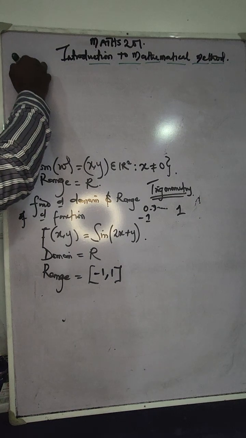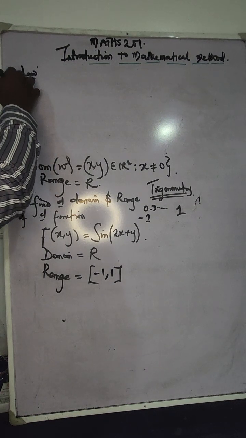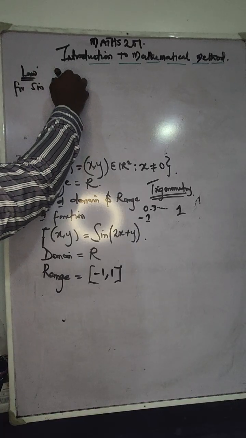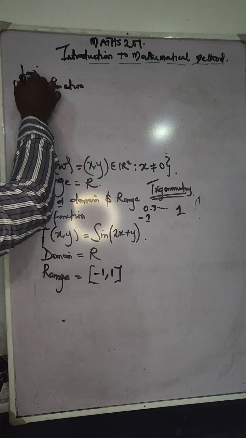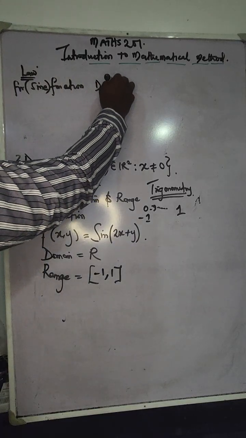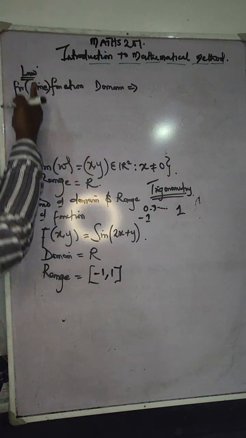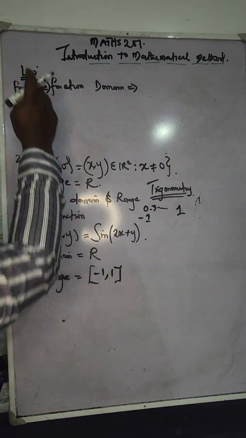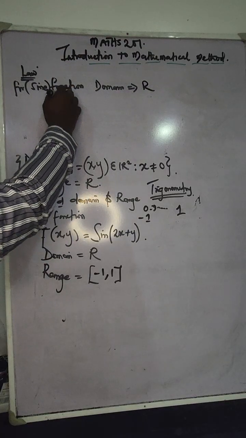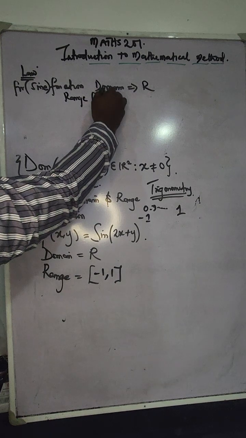Another law: whenever you have a trigonometry function, for example sine, the domain of sine functions, every time you see a sine, whatever it is, is all real numbers. And then the range is from -1 to 1.